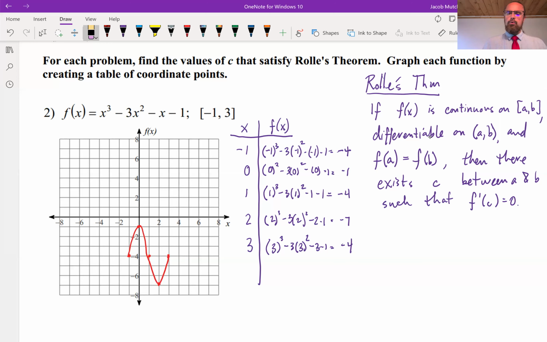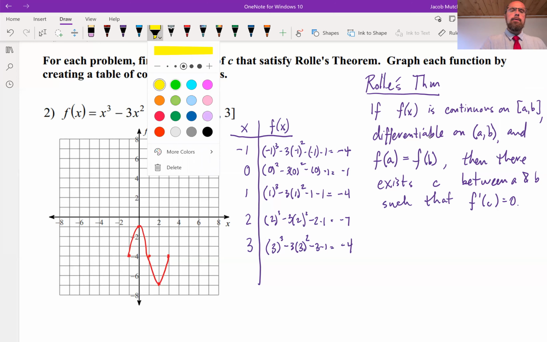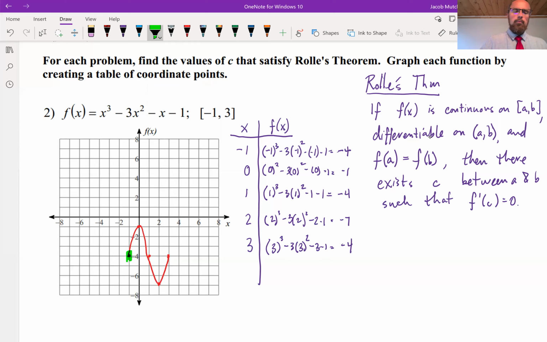And the two endpoints, if I were to highlight them, show the same y value. They both have the y value of -4. So Rolle's theorem does apply here. So what we can be sure of is that there exists a c, some x value within this interval, so that the derivative of the function equals 0. And remember, what we're saying there is, where does the tangent line to the graph have a slope of 0?